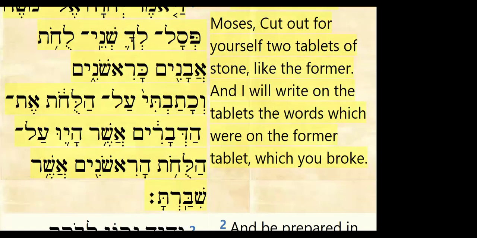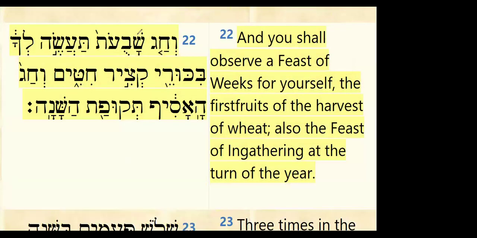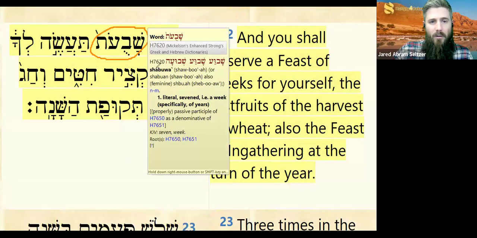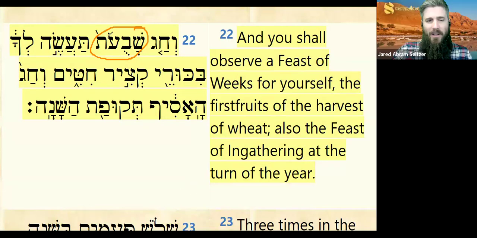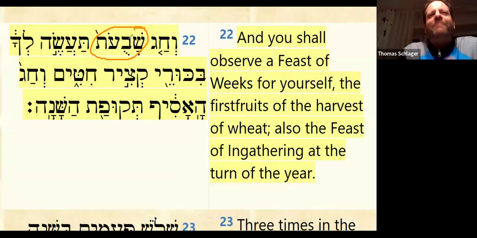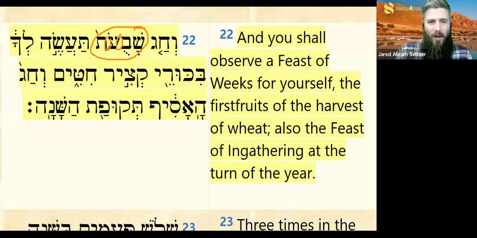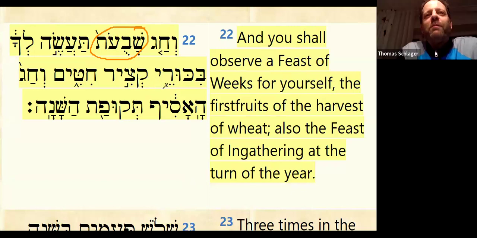There it is. Shavuot. Yeah, there you go. You shall observe the Feast of Weeks. So what I did is I looked for a Vav in there, and there's neither a Vav here nor a Vav there. It's a defective spelling. That's not a problem. Now we know.